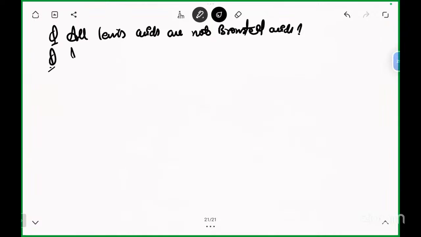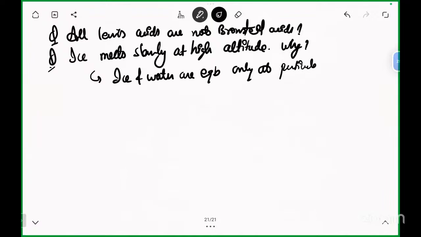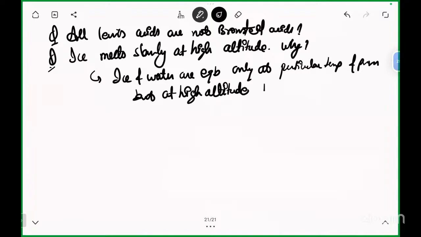Some questions, again reasoning based. Ice melts slowly at high altitude. Why? What is the reason? Ice and water are in equilibrium only at a particular temperature and pressure, but at high altitude temperature and pressure change.